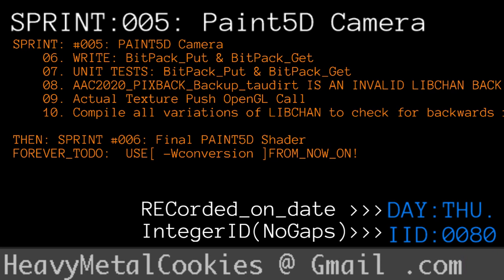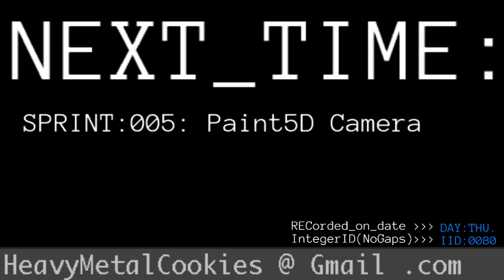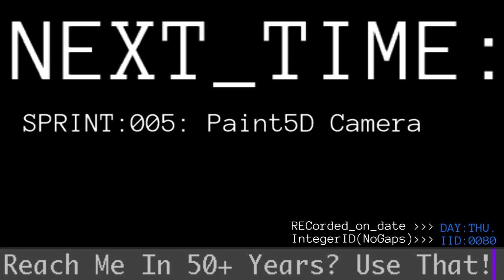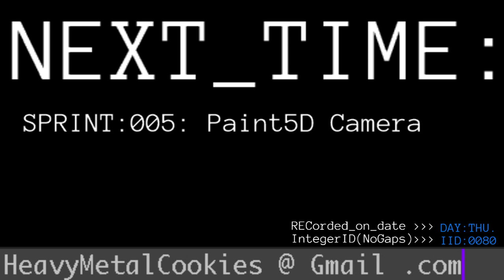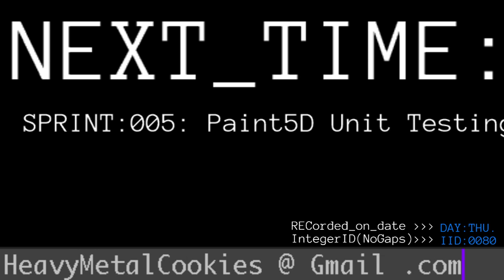So let's look at our next time screen here. Where are you? Agenda to be continued. PAINT5D camera. It's not really PAINT5D camera. What we're really working on here now is PAINT5D unit testing. And then after that, we still have a GLSL.